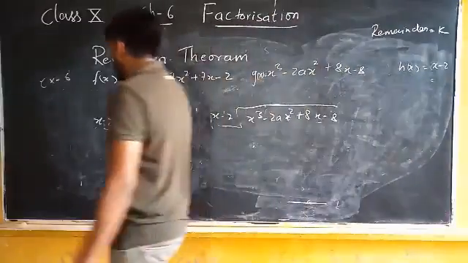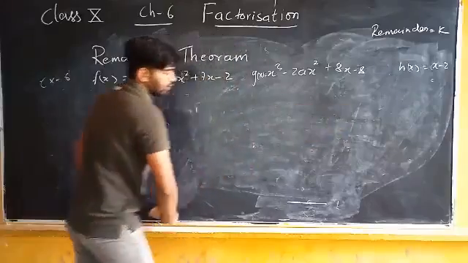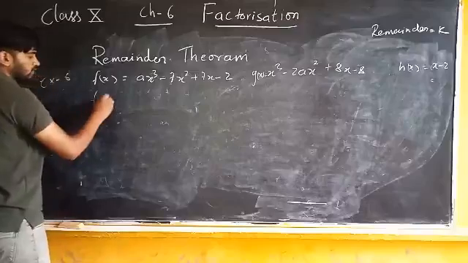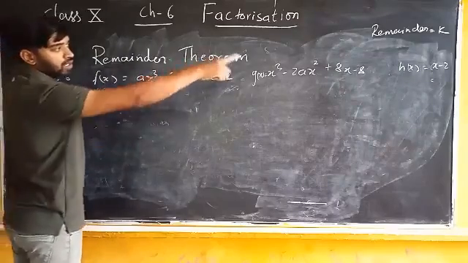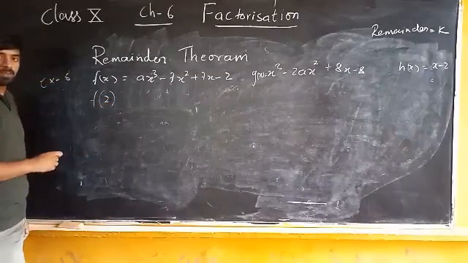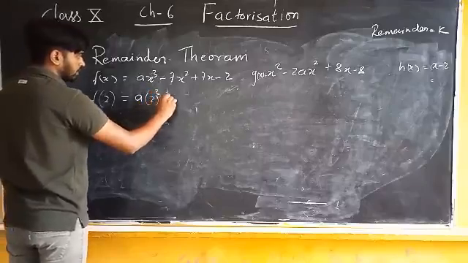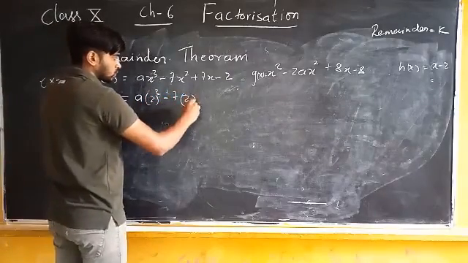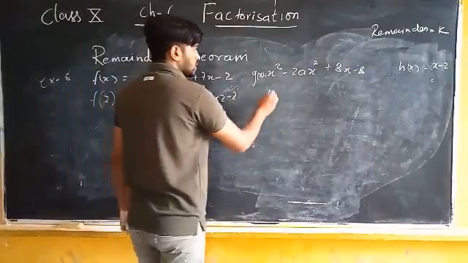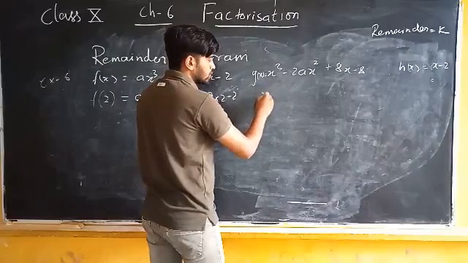Okay? So let's find the remainder for the first one, and then find the remainder for the second one, and then we'll keep them equal. If I have to find the remainder for this, what is the value of x I will have to put? You can see I am dividing by x minus 2, so the value I will be keeping is 2. So a into 2 cubed minus 7 into 2 squared plus 7 into 2 minus 2. And the value I will be keeping over here also is 2.